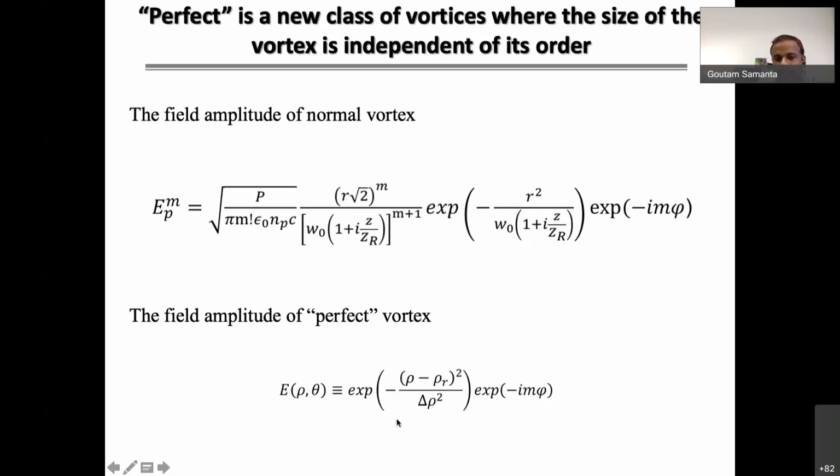So this is the mathematical expression for the electric field of the perfect vortex, where you don't see such a term. That's why in this case, the size of the vortex remains unchanged, even though the order is increasing. That means the order and donut size are now independent of each other. So if we use this and study, then we can find out whether the nonlinear interaction or conversion efficiency is influenced by the orbital angular momentum.